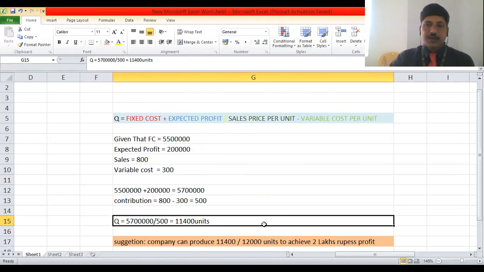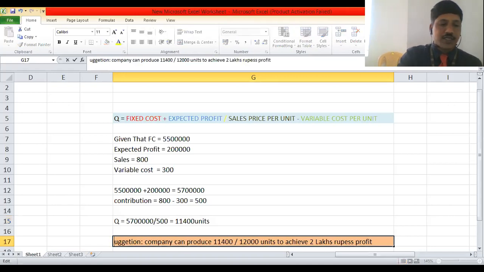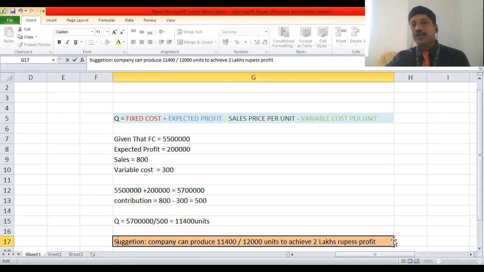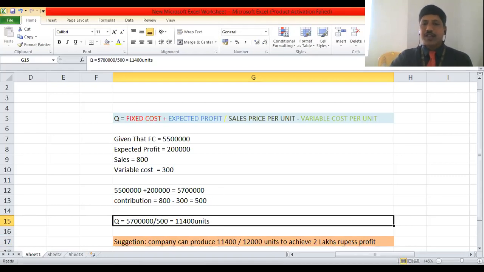Okay, hope you understood. But sir, how did you get the 12,000? No, that's just rounding up the value. It's not compulsory that you write it. Suppose you want to round up to 11,500, make it 11,500. It is just a suggestion given to the company.